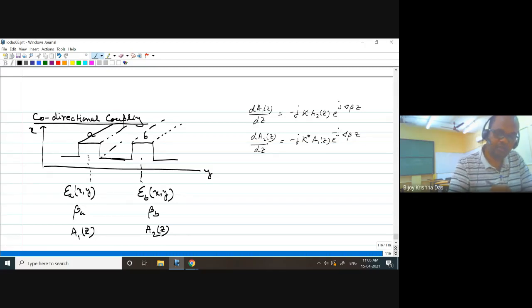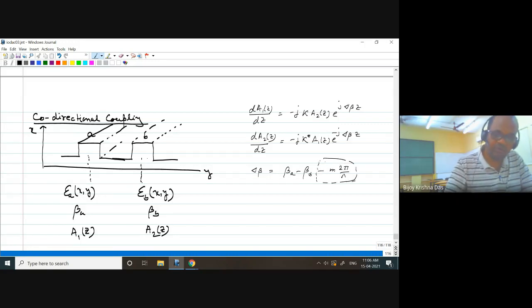In this particular case, since no periodic perturbation is there, we simply consider delta beta equal to beta A minus beta B, and the additional m 2 pi by lambda term we just remove because we don't have any periodic perturbation.